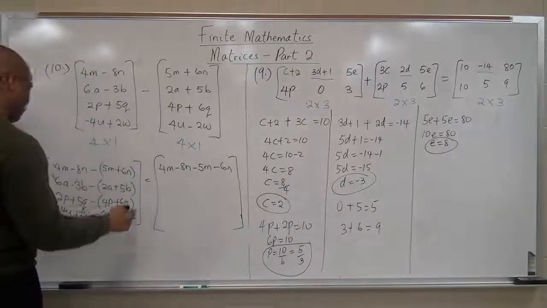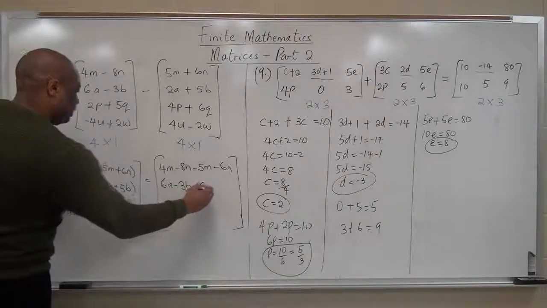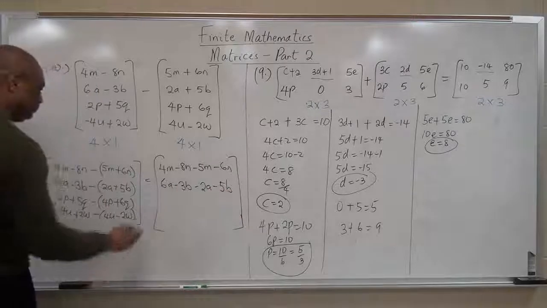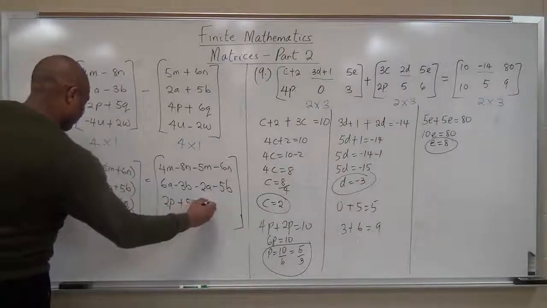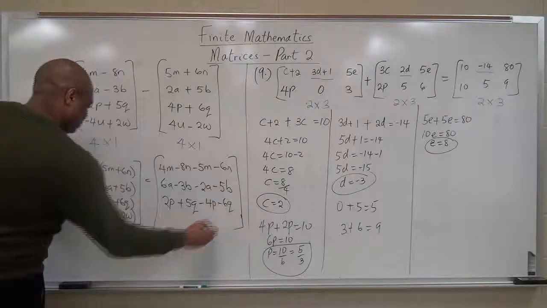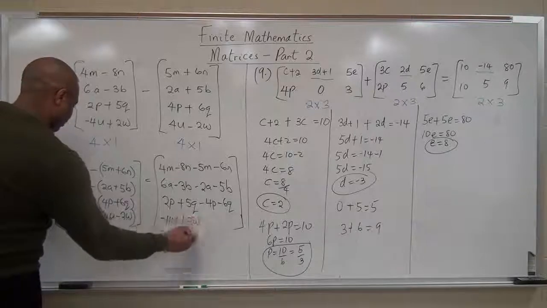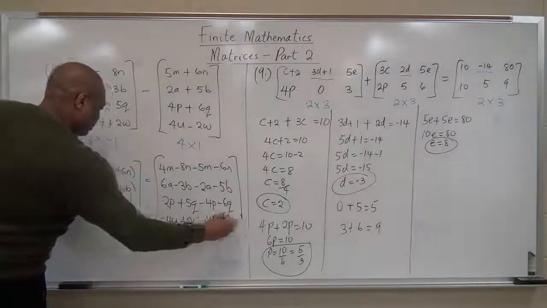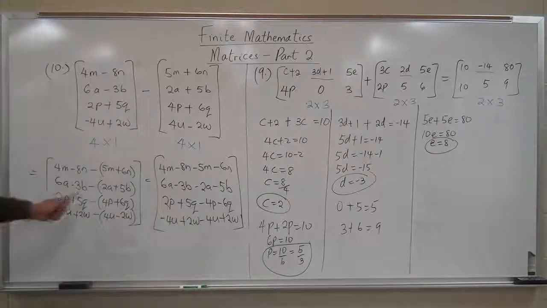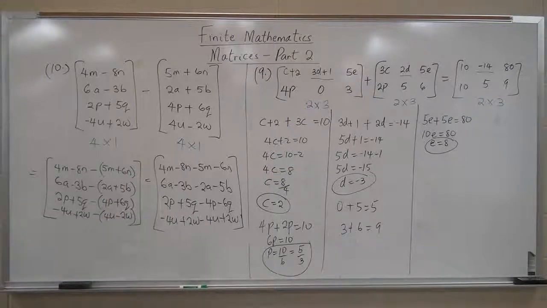Okay? 6a minus 3b minus 2a minus 5b, 2p plus 5q minus 4p minus 6q, minus 4u plus 2w minus 4u plus 2w. So be careful of your signs always. Always be careful of your signs. Okay? So what we got now?